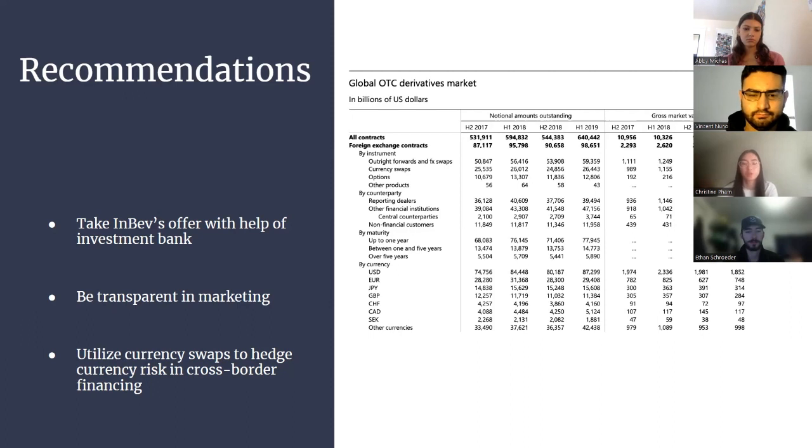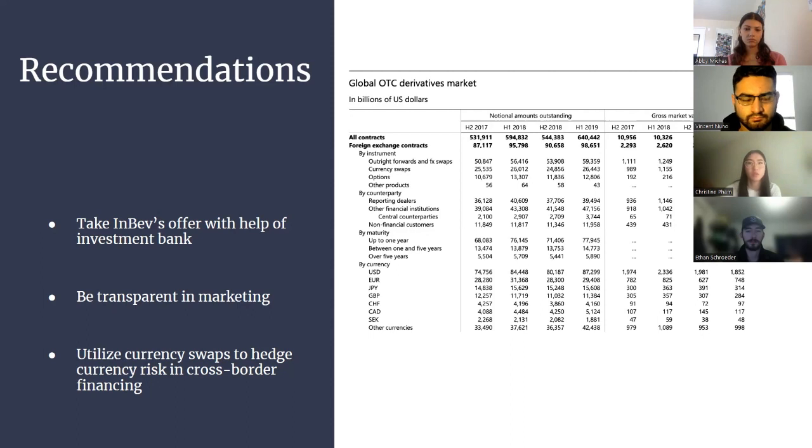So in regards to cross-border financing risk, or in this case, we're focusing on currency risk, we recommend the implementation of financial derivatives, in particular currency swaps. So as we can see here in the figure, currency swaps make up more than around a quarter of the foreign exchange contracts seen in 2017 all the way to 2019.